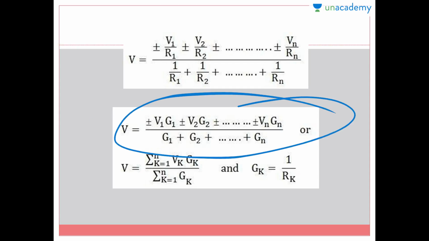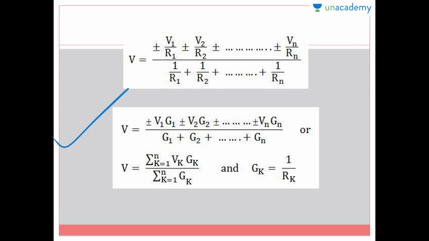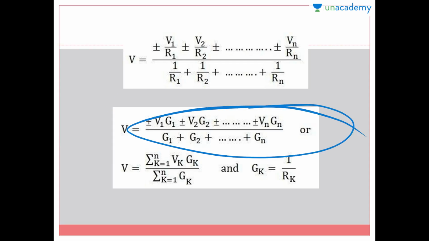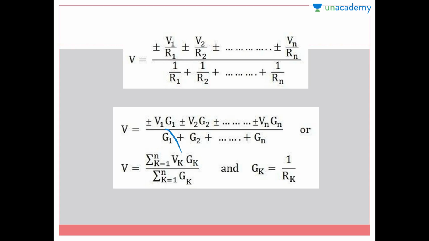Here R is the equivalent resistance connected in series to the equivalent voltage. So I'm replacing the 1 upon R with the G. We'll get V1 into G1 plus V2 into G2 plus up to Vn into Gn, and in the denominator, there will be G1 plus G2 plus up to Gn.